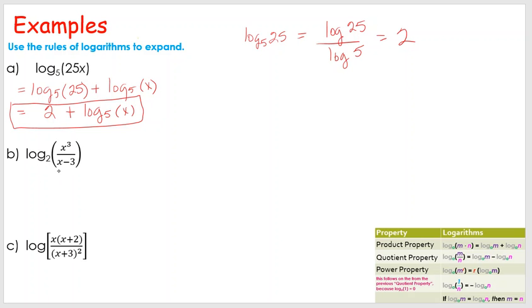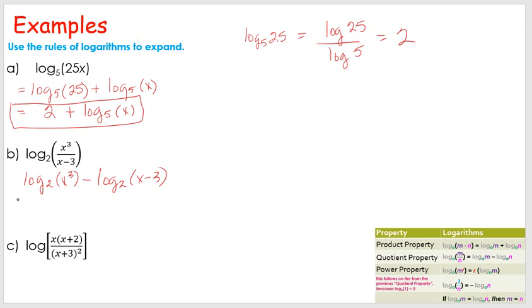So on this next one, it's using division, so I'm going to use that quotient rule to rewrite it as a subtraction. So I have log base 2 of x cubed minus log base 2 of x minus 3. But let's look. I've got that x raised to the power of 3.